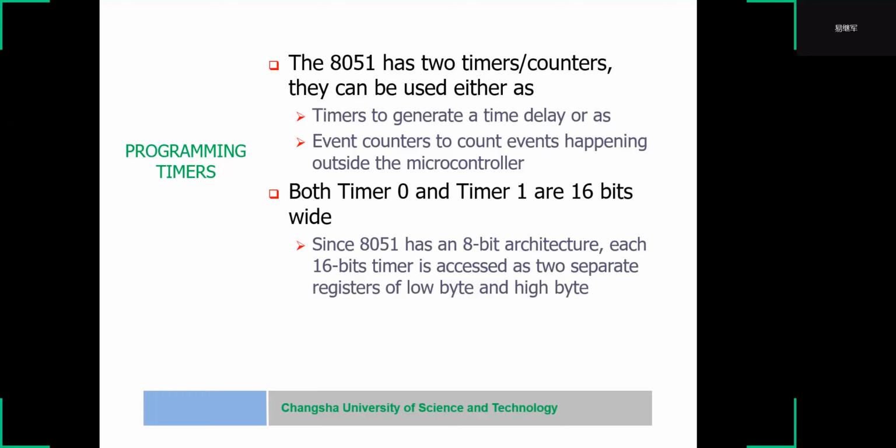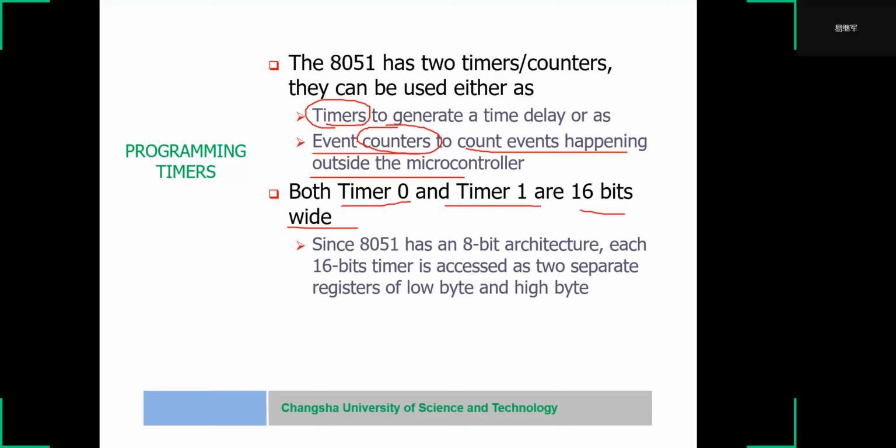They can be used either as a timer to generate a time delay or as an event counter to count events happening outside the microcontroller. Both timer 0 and timer 1 are 16 bits wide.